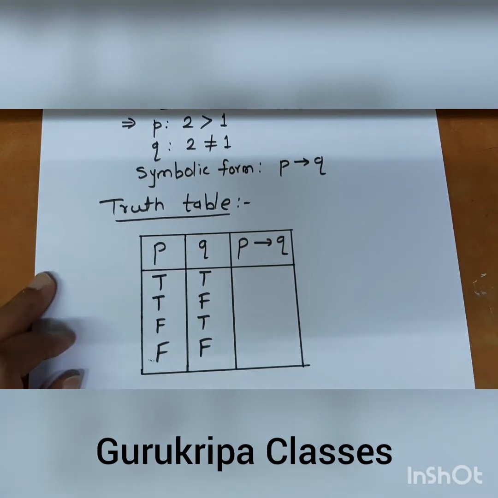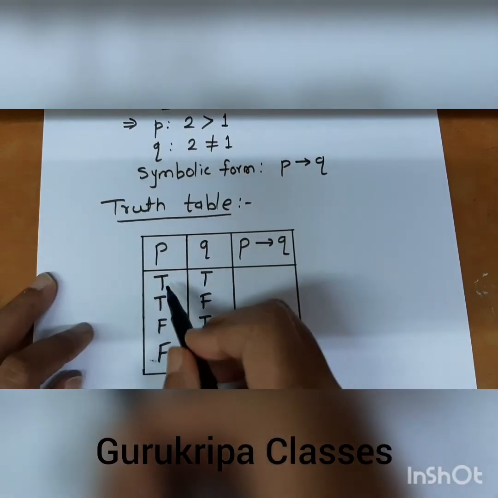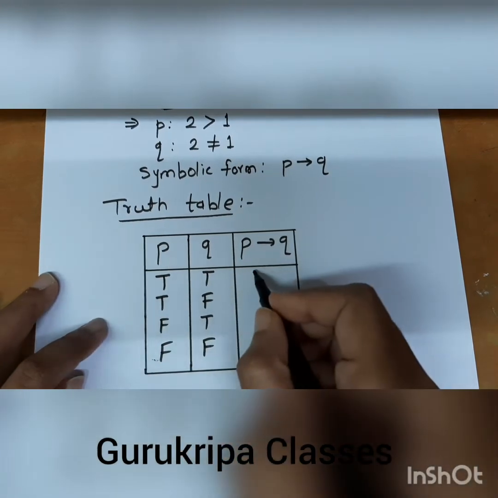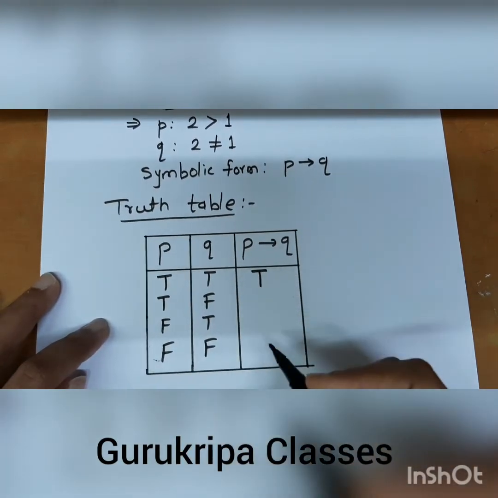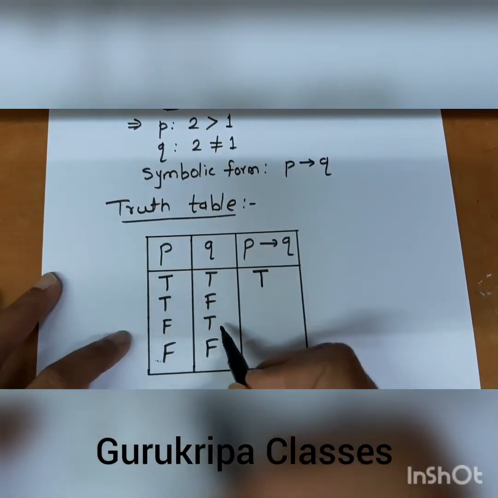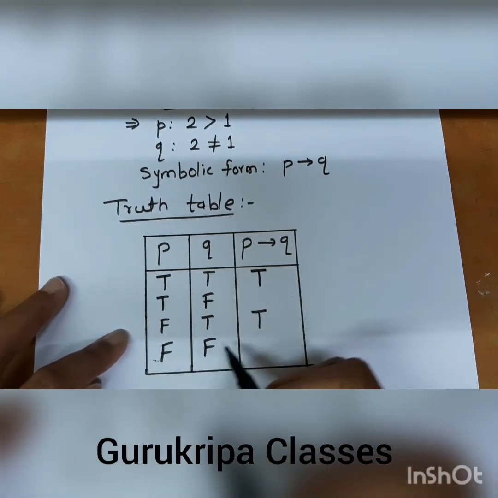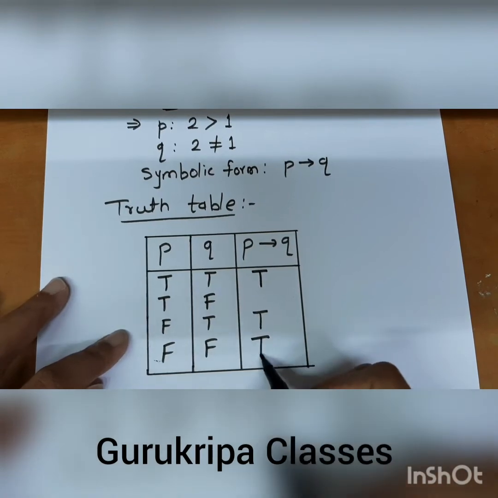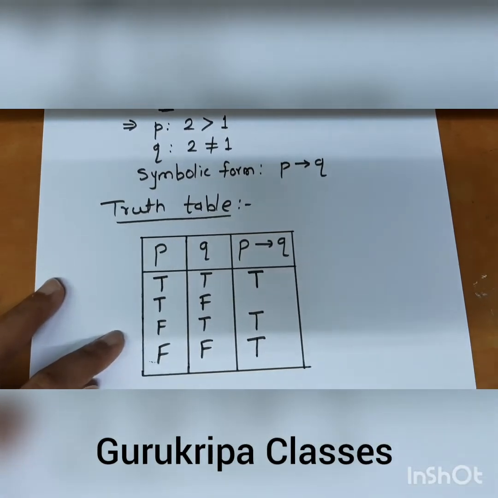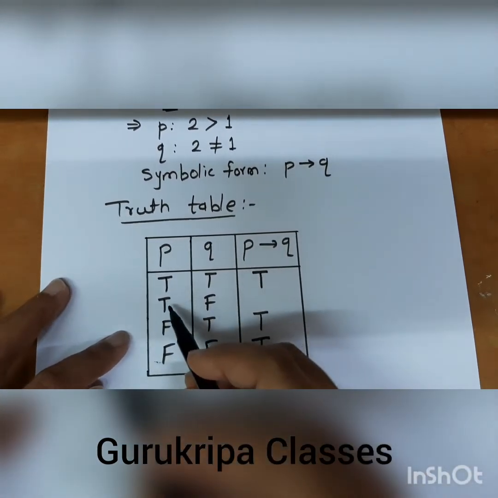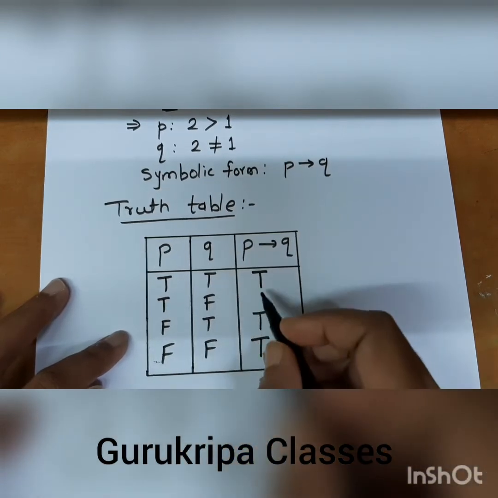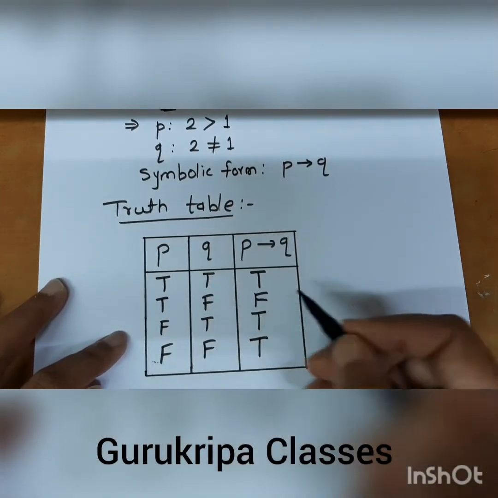Now in the conditional statement, see the condition. When first is true and second is true, then this statement is true. When first is false and second is true, then this statement is true. False implies false will be true. When the first is true and the second is false, the statement will be false.